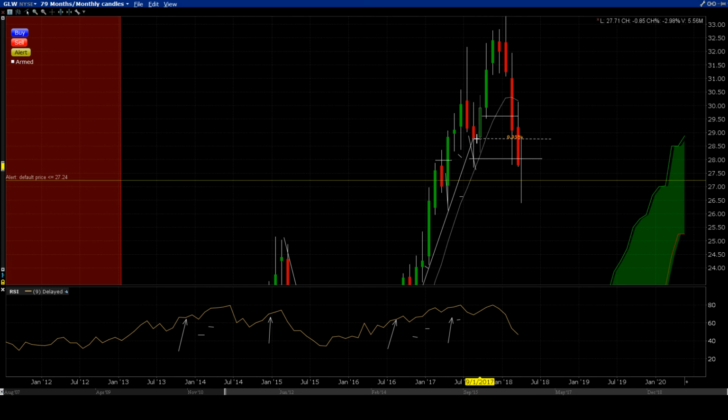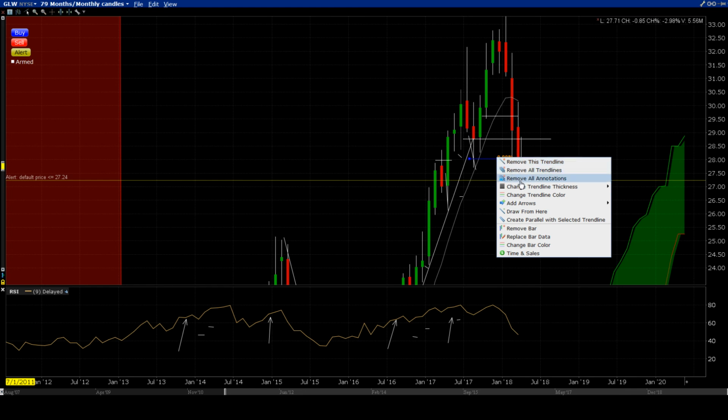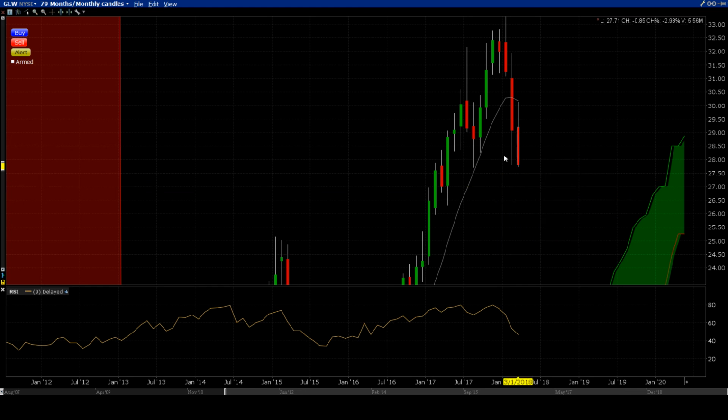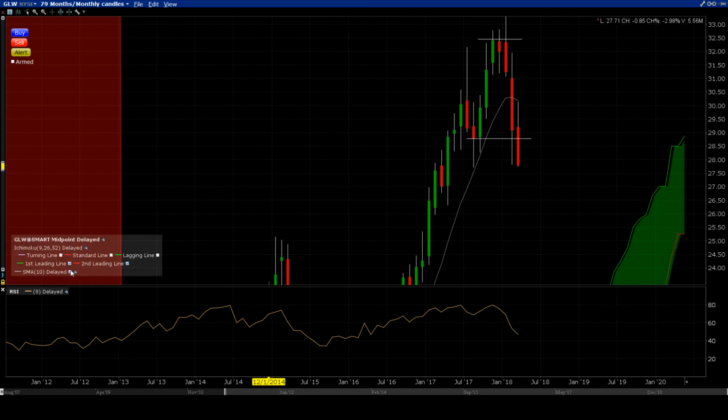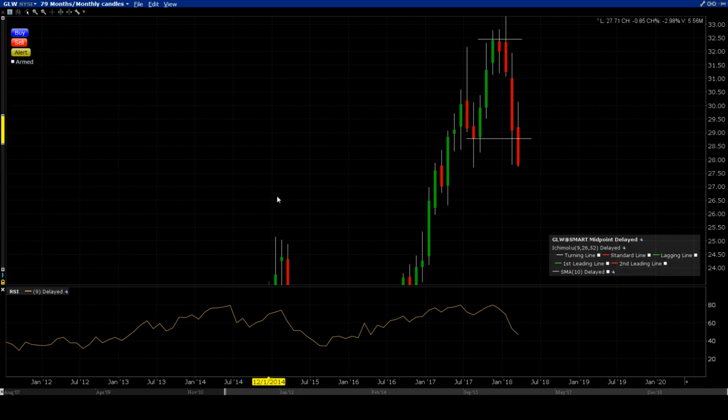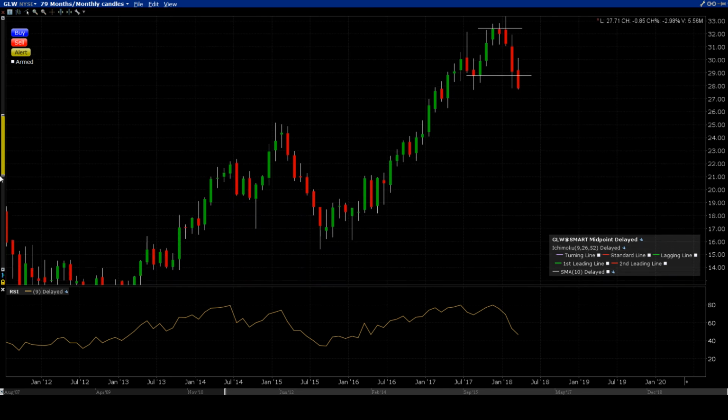And right now on the monthly candle, remove all trend lines, kind of messy. Here is the top formation on the monthly candle right there. Let me remove the clouds, clear that up. All right, here we go. There you go. That's better.